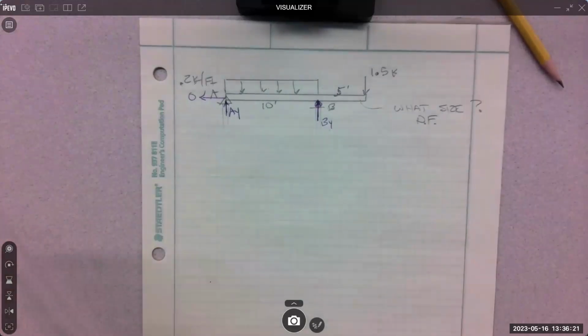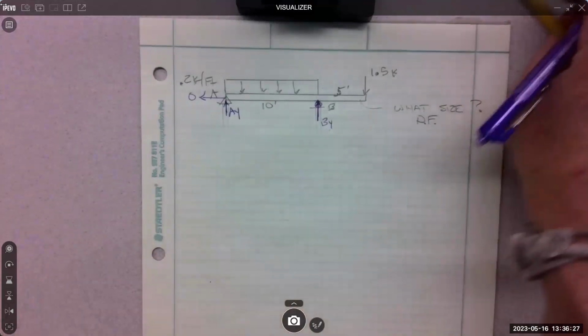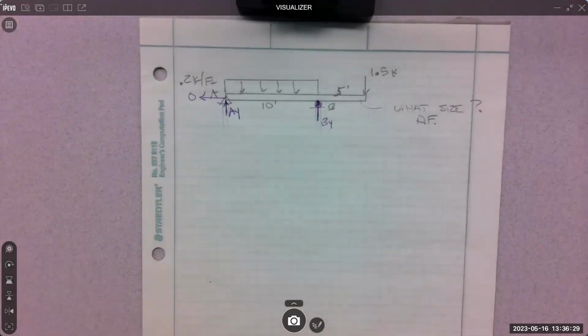Now what? Oh, it's been a hot minute since we did this. Yeah, we want to concentrate the distributed. So for statics, we concentrate the distributed. For strengths, we want the distribution back, but we have to concentrate it for the statics part.